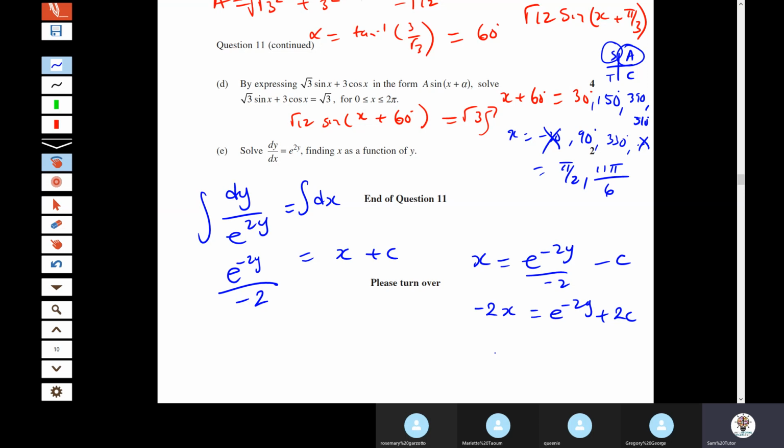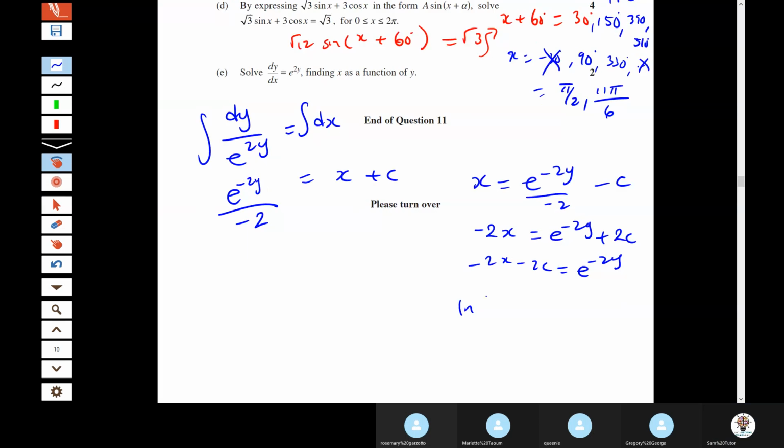Bring the plus 2c over the other side. Log both sides. Divide by negative 2. Yep, perfect.